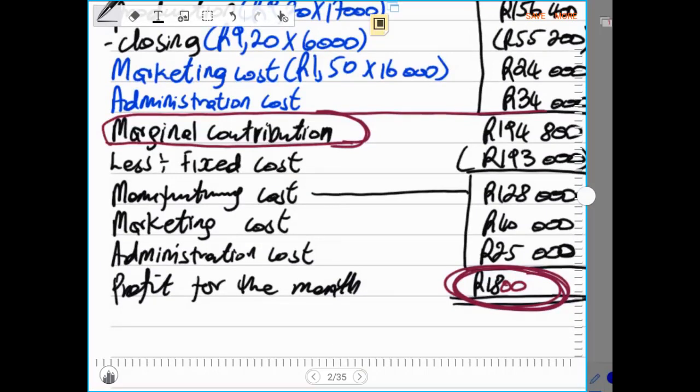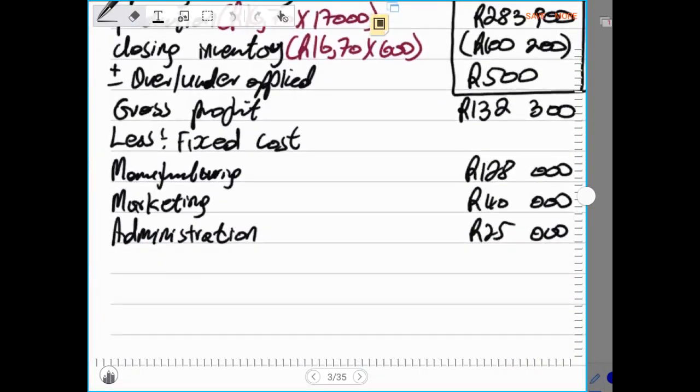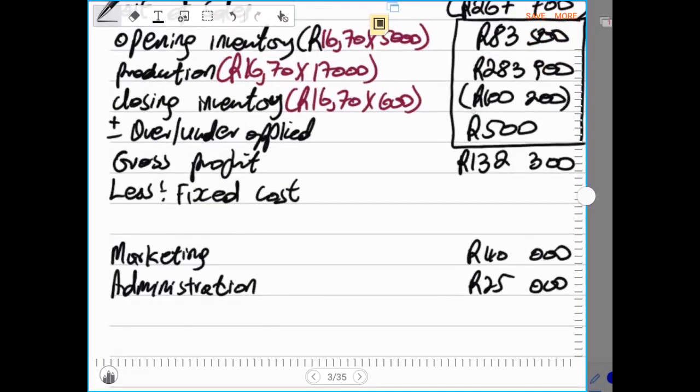Then we don't consider the manufacturing overheads. That 128 is already taken into account above. Remember, we had the over and the under of 500 rands. So now we only take into account the non-manufacturing cost.